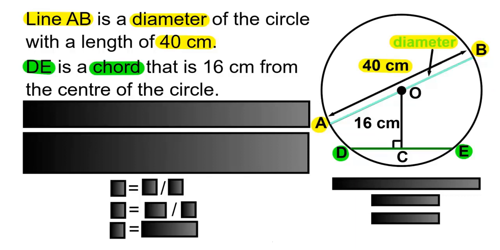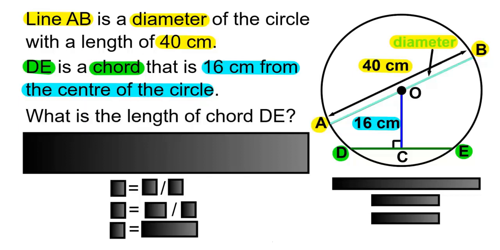And this chord is going to be 16 centimeters from the center of the circle, which is the distance from O to C. What is the length of chord DE? This is what we'll be trying to solve. The distance from here to here.